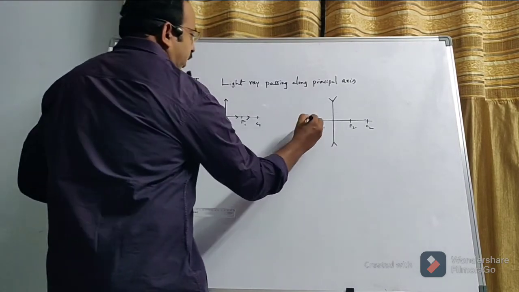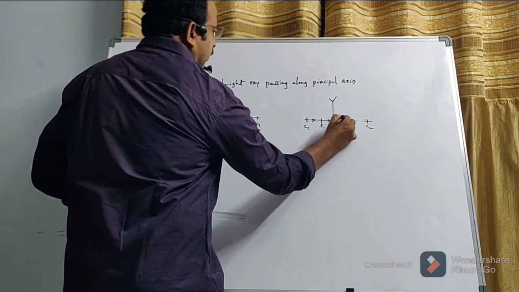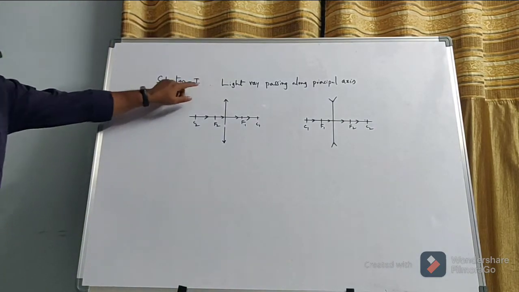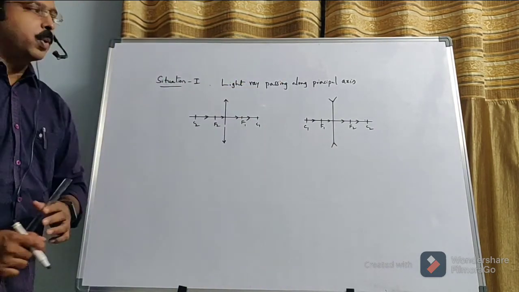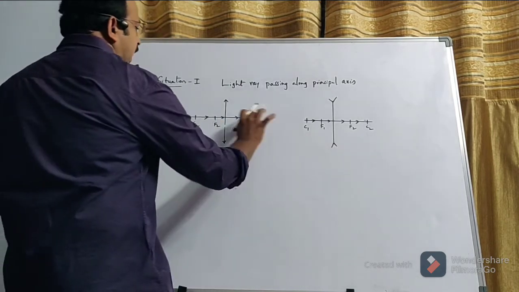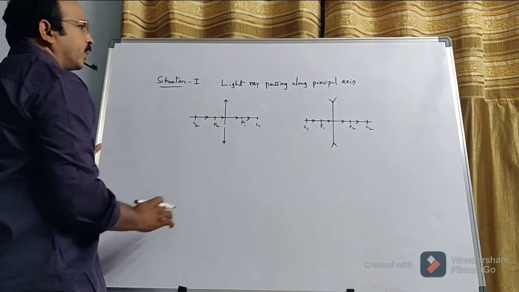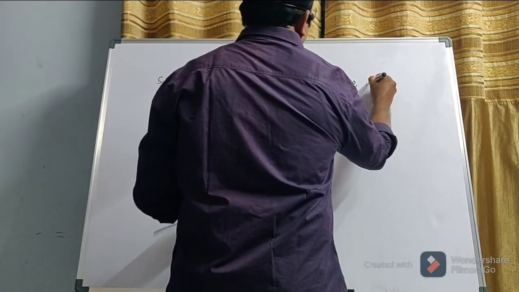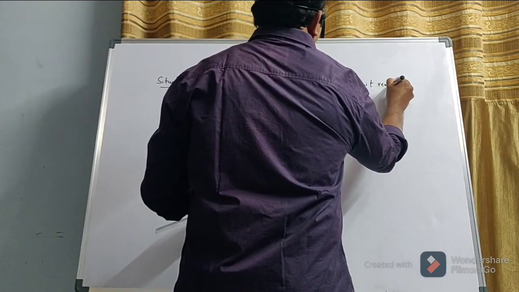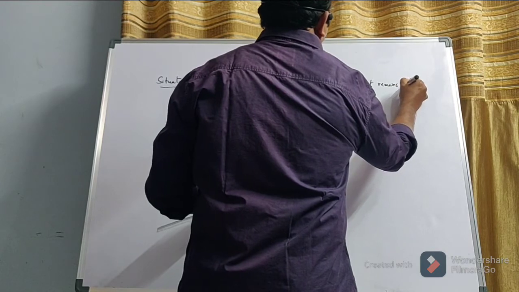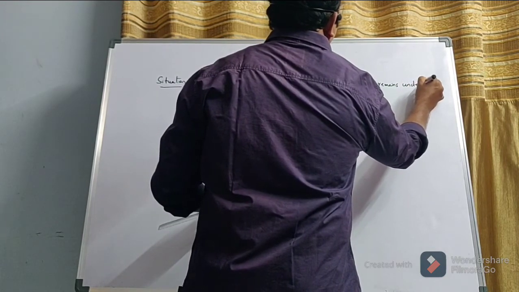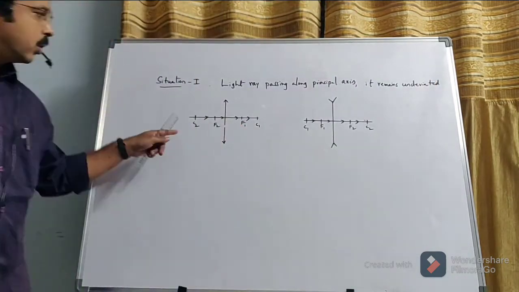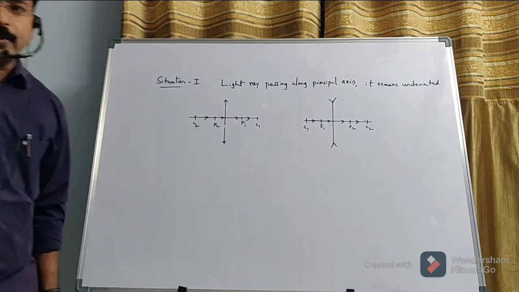If the light ray is passing along the principal axis, that is the first case. Whenever a light ray passes along the principal axis, it continues along the principal axis. It remains undeviated, with no change.